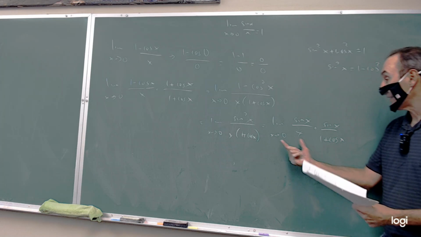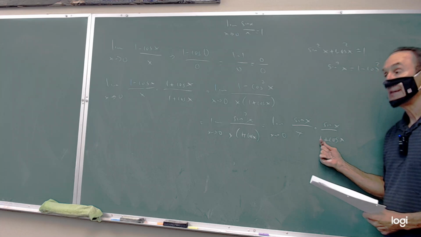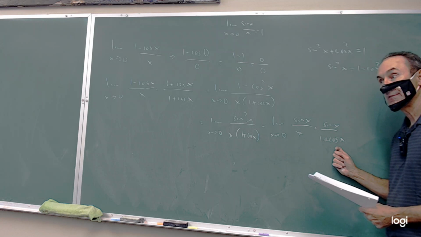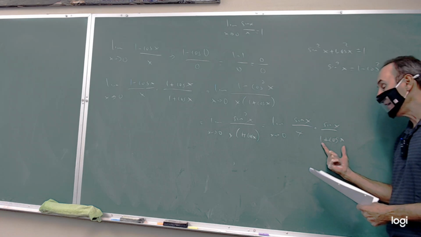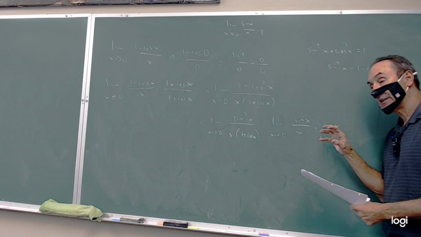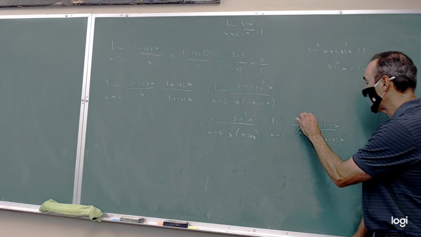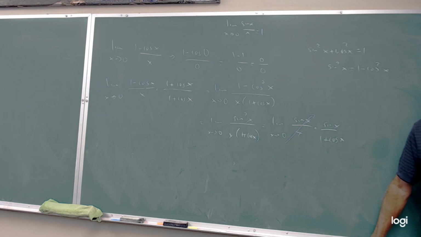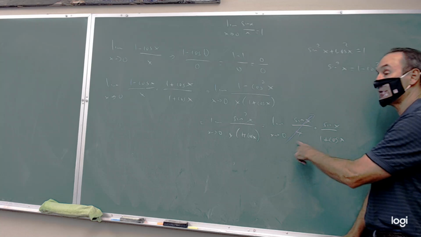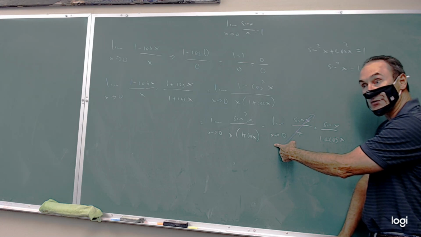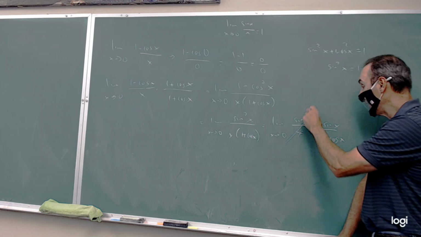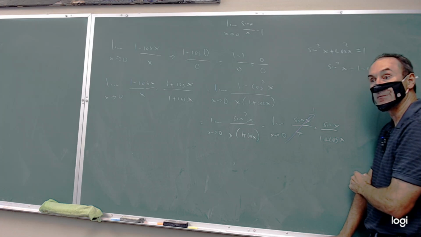Now, it's true that the limit of a product is the product of the limits. So we can do each of these separately and then multiply the result. Sine x over x as x goes to 0, we know is equal to 1. Right? That's what we're going to know from memory.